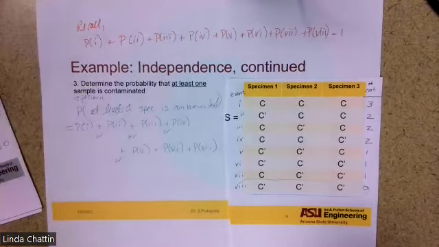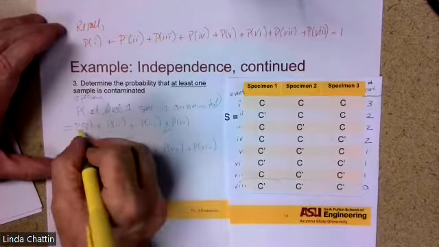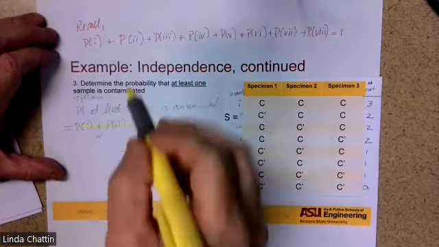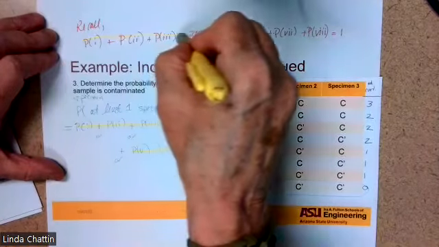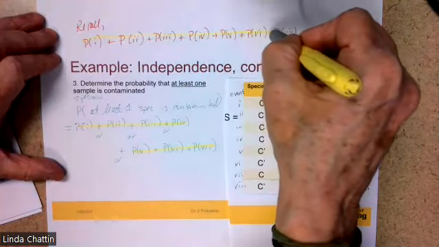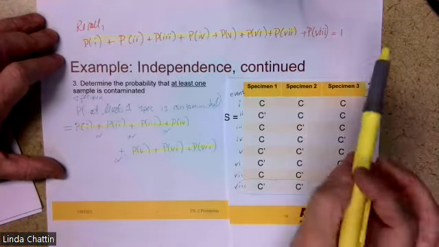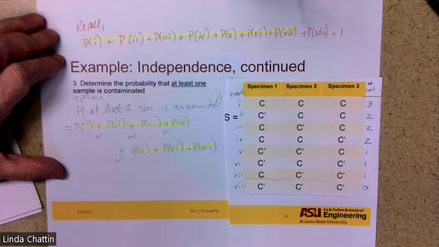Well, what do we want? We want 1, 2, 3, 4, 5, 6, 7. We can get that by 1 minus the probability of event 8.